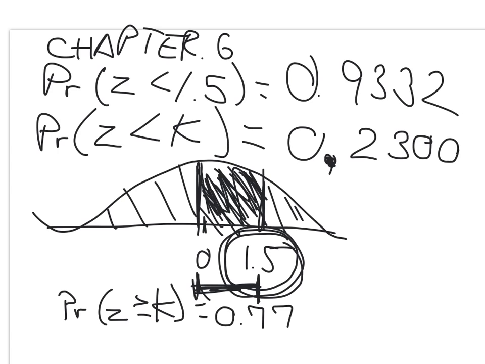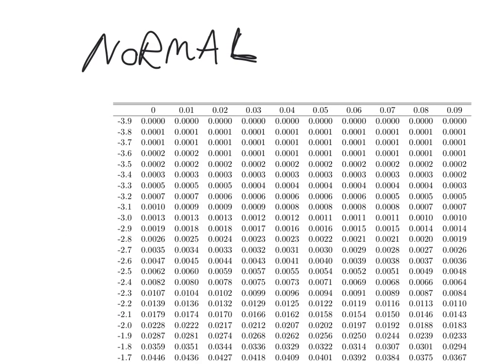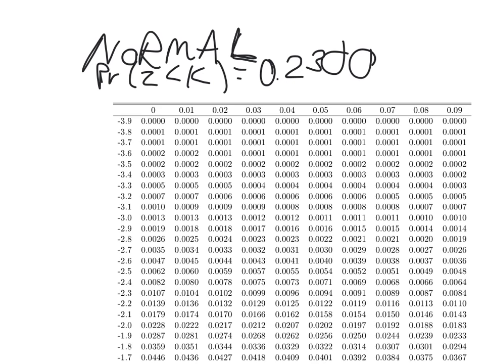We want the probability that z is less than 1 minus that. Well, we really want this: the probability that z is less than 0.23, or 0.2300 if you want to put it into the terms of 4 digits.